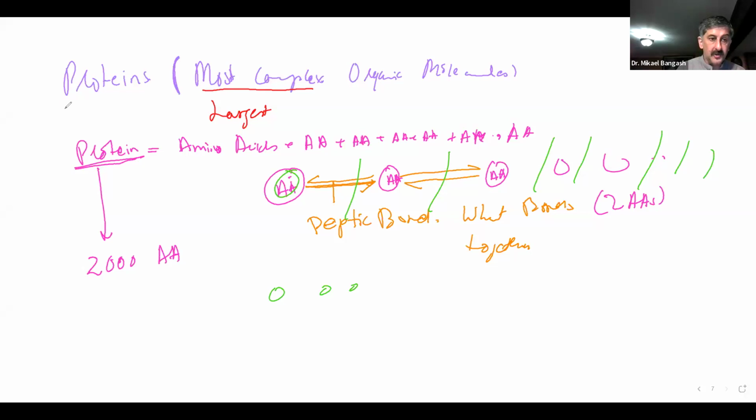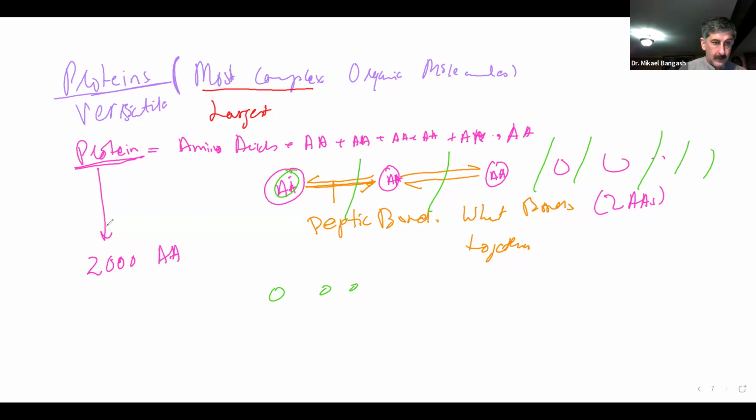Now, the reason I said that protein is the most versatile of our organic compounds is that chemically speaking we call them proteins, but function-wise, these proteins may have a greater variety of functions compared to other organic molecules.